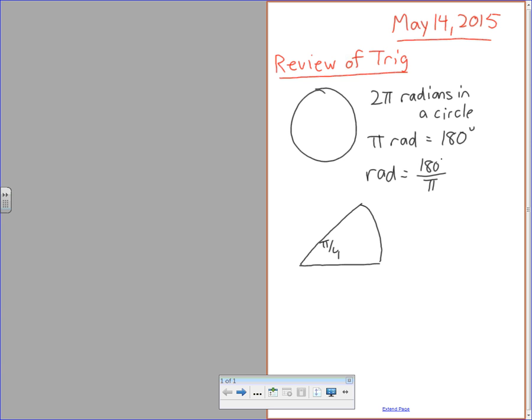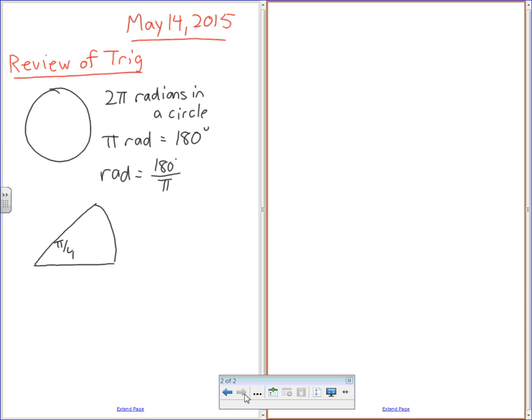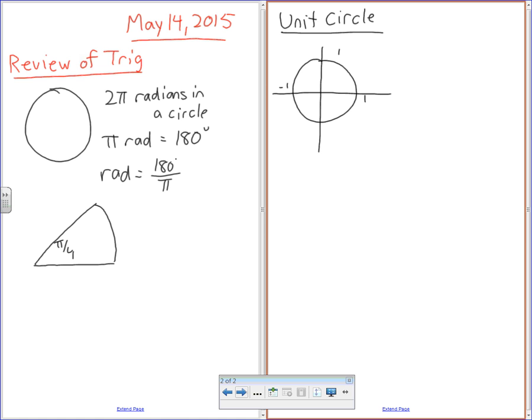Okay. A few other things that we should know here is the unit circle. If you're in my grade 11 class, you're going to be tortured by this again today, but go with me. I'm going to pick any old point P, which we're going to call x and y.